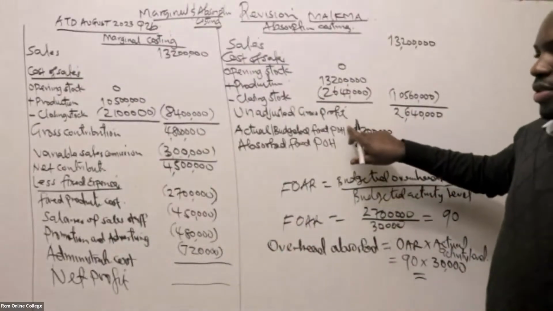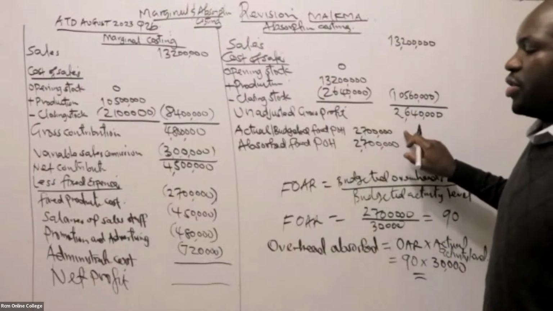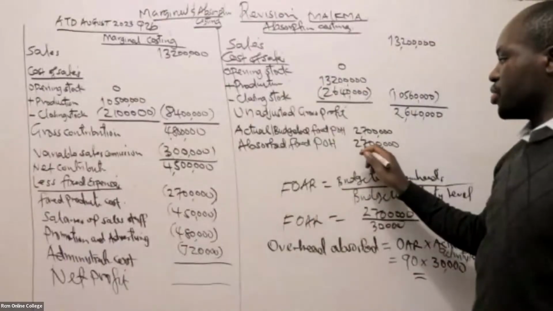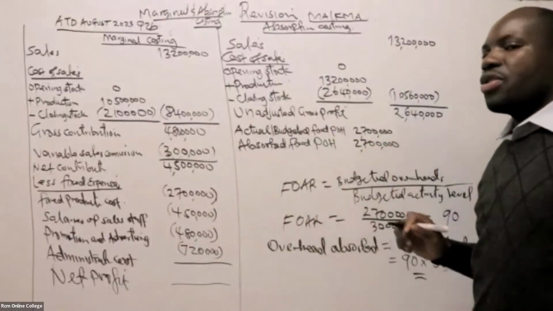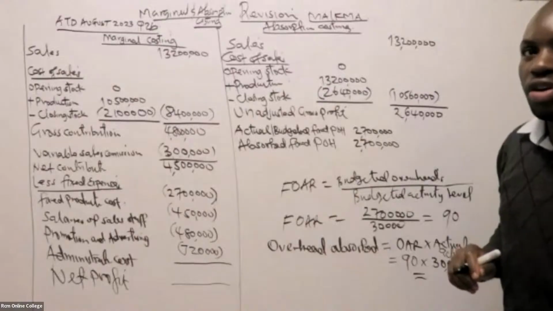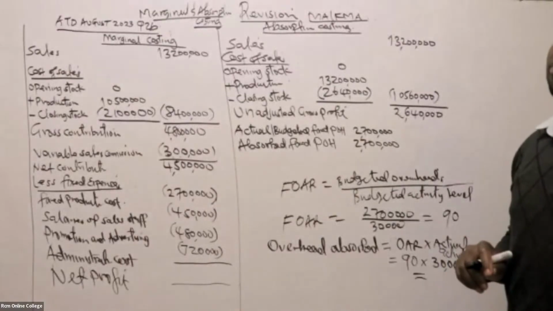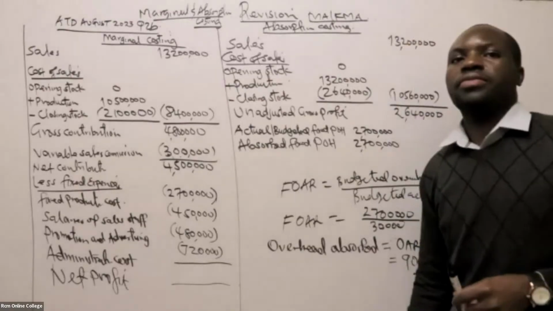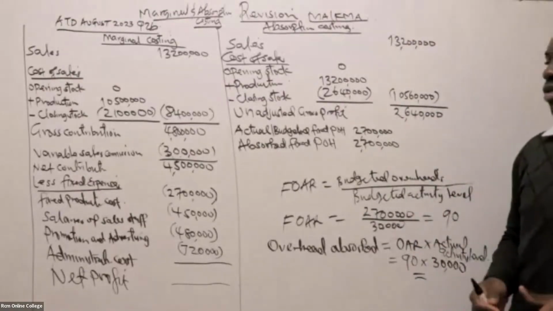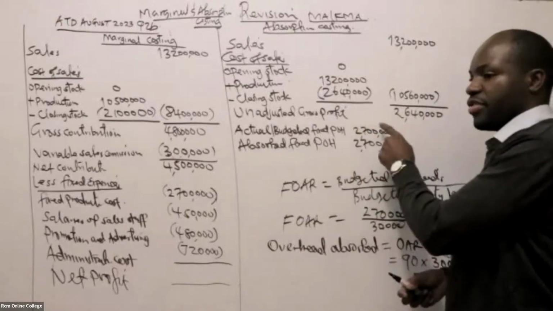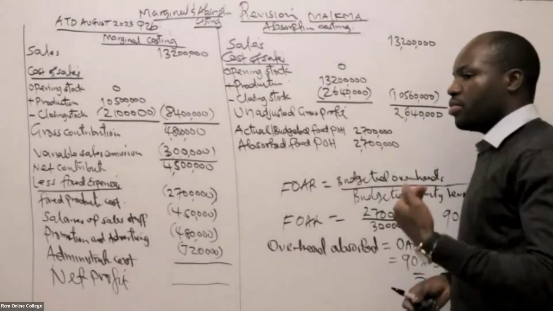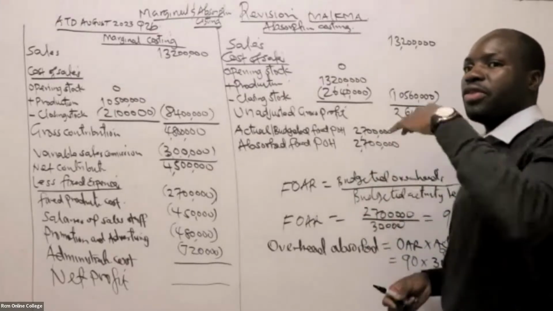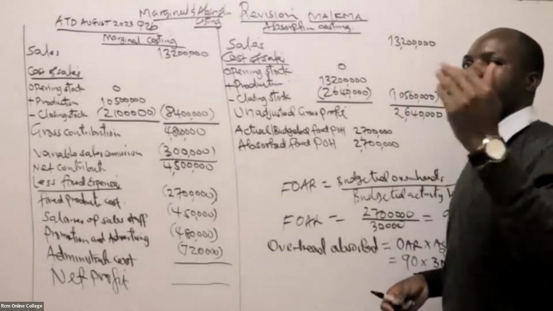The real expense is 2,700,000. What was absorbed into the production process is also 2,700,000. We don't have this animal called over or under absorption of overheads, which you are taught in the last part of topic number 4. The real expense is the same as what was absorbed, so we don't have over or under absorption.